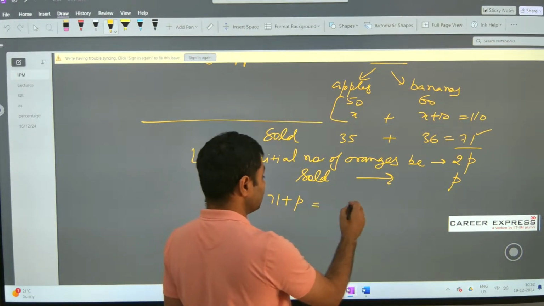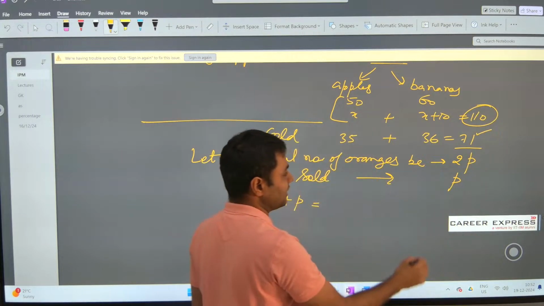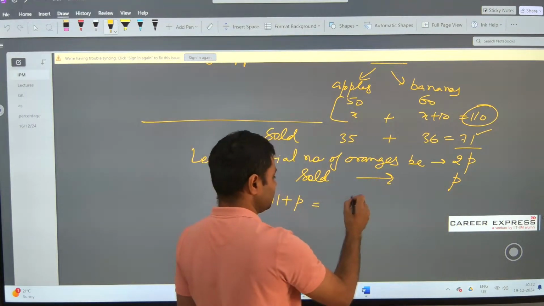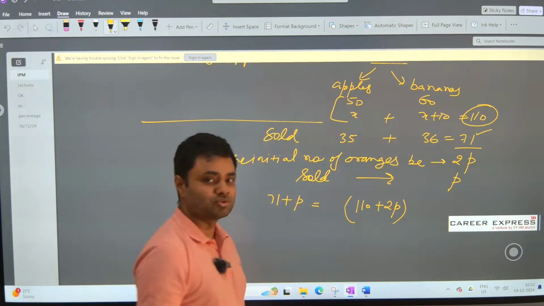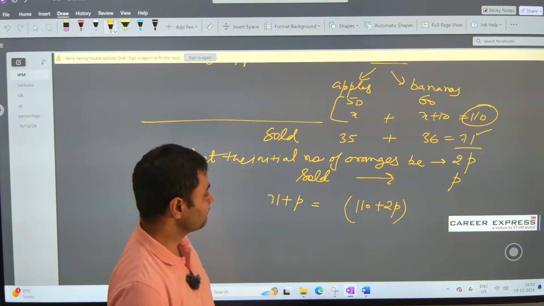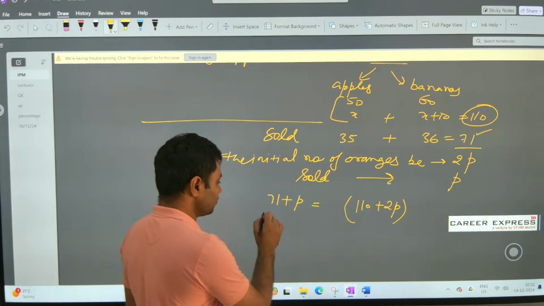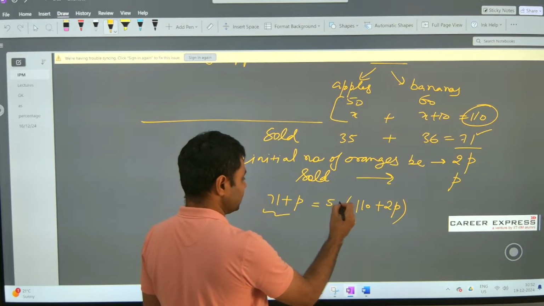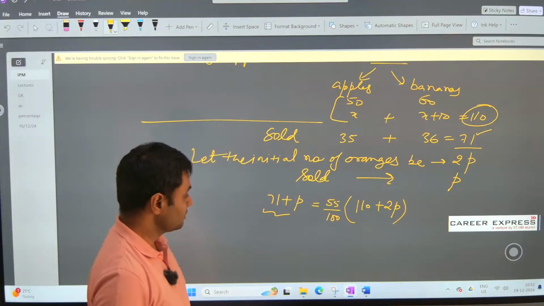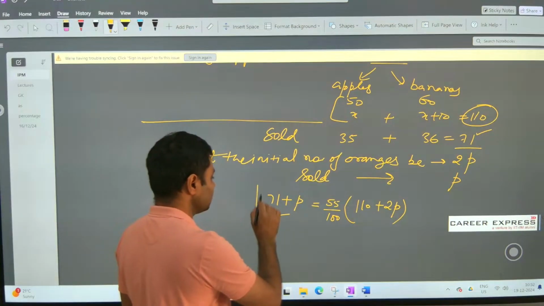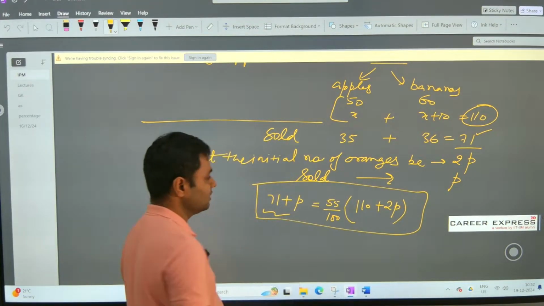What was the total number of fruits she had? 110 apples plus bananas and 2p oranges. So 110 plus 2p is the total number of fruits she initially had in the beginning. So the number of fruits sold is 55% of the total number of fruits she initially had. Right? So this will be the equation that can be solved to get the value of p.